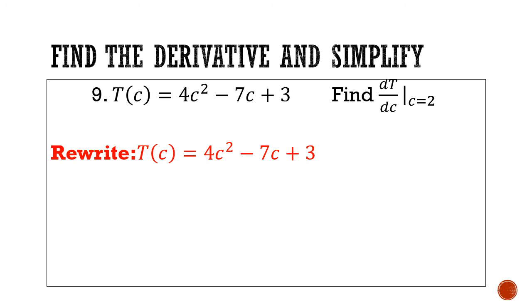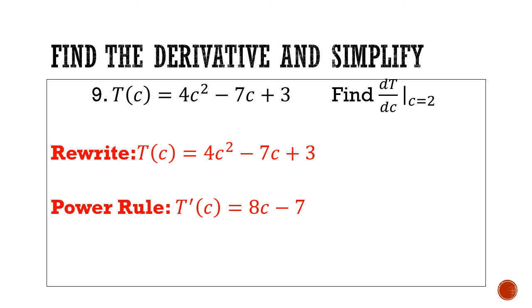We're going to apply the power rule. So now you should be pretty quick at this. You can look at 4c squared and now multiplying by 2, subtracting 1, so that's 8c. Negative 7c, when it's to the first, you end up with just a constant, so negative 7. And then the derivative of a constant is going to be 0.